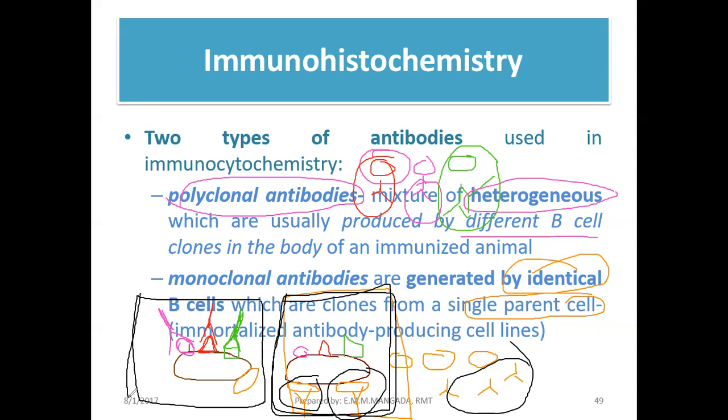Here, in this box, dito naman, you can see we have the polyclonal antibodies. The polyclonal antibodies are heterogeneous. They are produced by different B cells. Thus, they can be antibodies to different types of epitopes in, for example, an antigen.